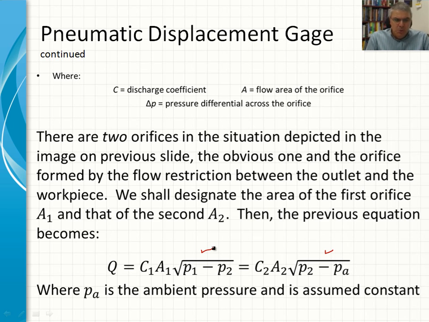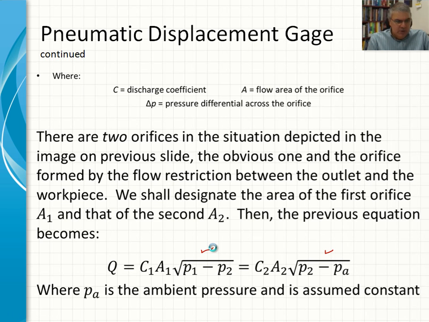There are two orifices shown in the schematics that we took a look at. One was pretty obvious, and you've seen it in the figure, and the other one that may not be that obvious is the one that was formed by the flow restriction between the outlet and the workpiece.